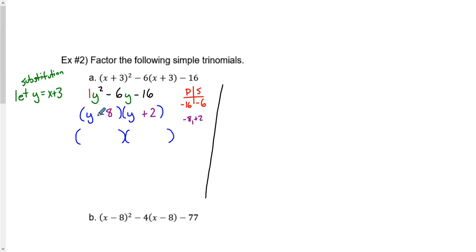So instead of writing the y, all we're going to do is write x plus 3. That y is x plus 3. This y is x plus 3. Still going to have that subtract 8 and the add 2. And after simplifying, x subtract 5 and x add 5. And this one's done.